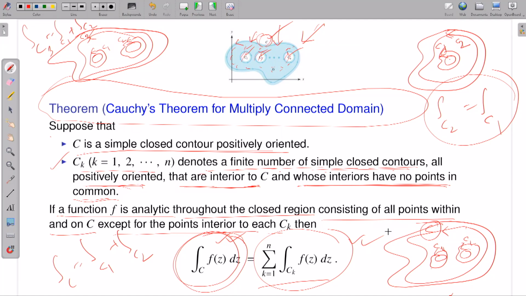Advantage, as I said: if I take a multiply connected domain and want to calculate some contour integration or line integral, and I give some simple closed contour, you do not have any idea about the parameterizations.